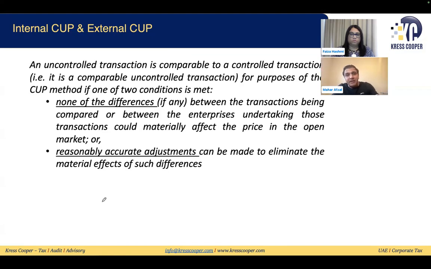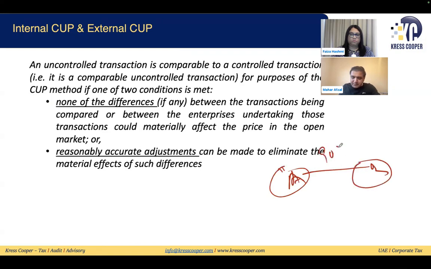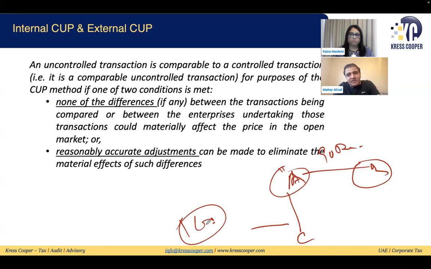The payment term might be different. Let me give you an example. If A is selling goods to B on a 90 days payment term, and A is selling to C on a 160 days payment term, for sure the price will be different. Then we need to make the adjustment.